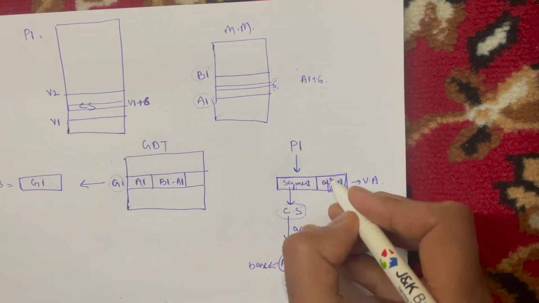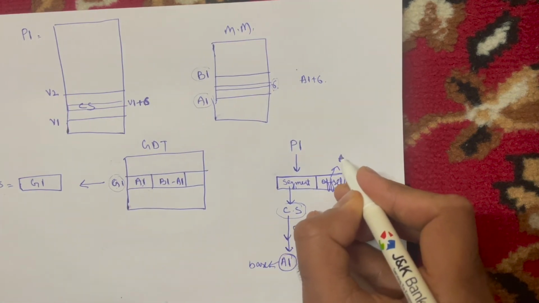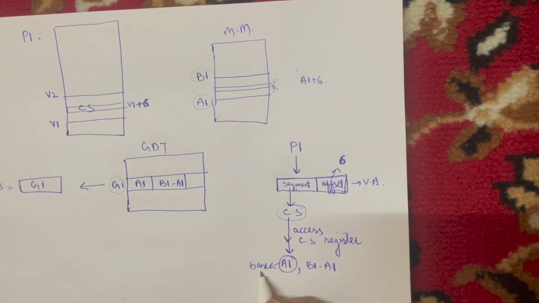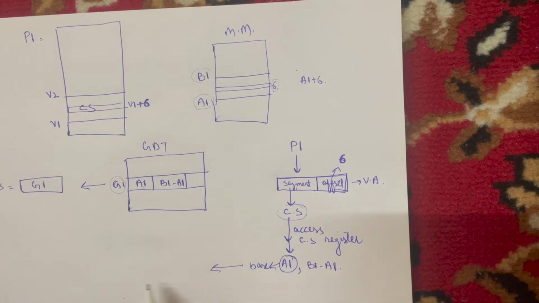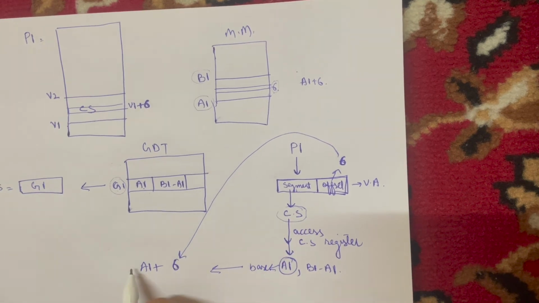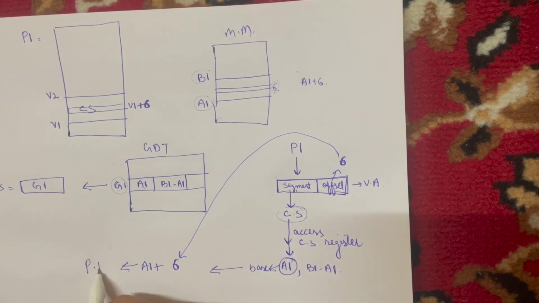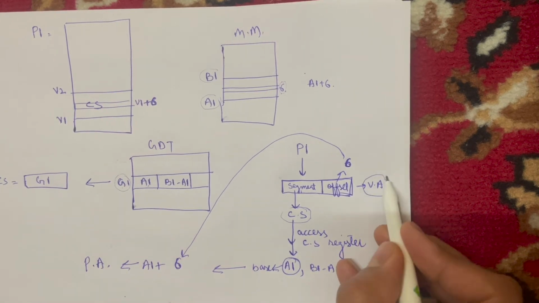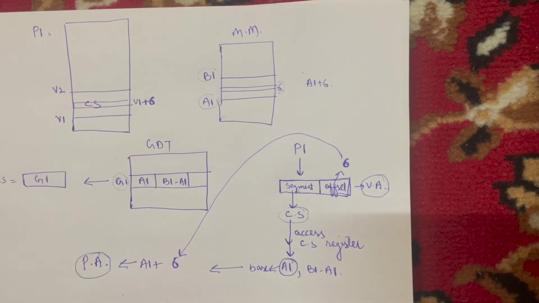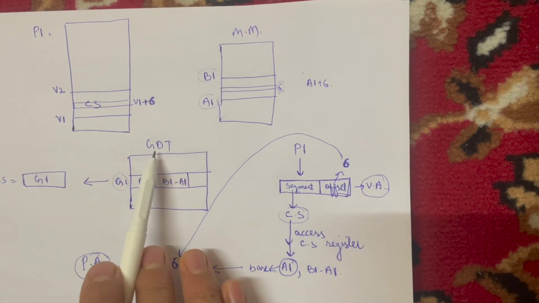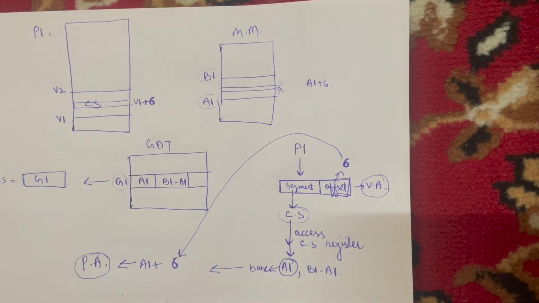So this offset is 6, and we already know it from the address itself. Now I have the base, and to this base I will add this offset 6. That will be our physical address. So that is how we convert a virtual address into a physical address using these segment registers and the GDT, the global descriptor table.